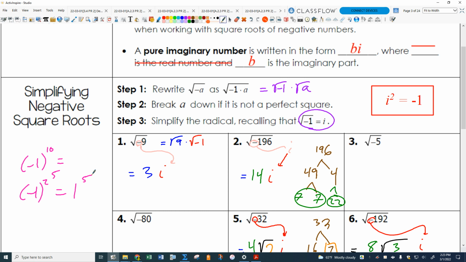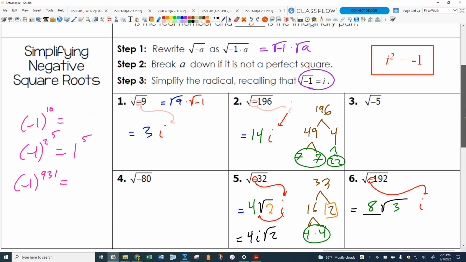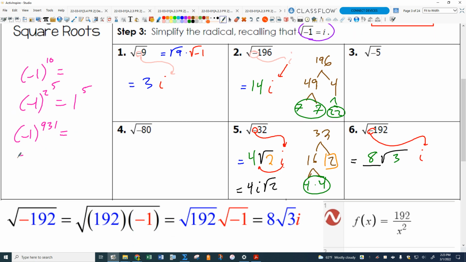Okay, now on the other hand, what is -1 to the 931st? It's -1, isn't it? Right? How come? Because -1 to the 931st is the same thing as -1 to the 930th times -1 to the 1.